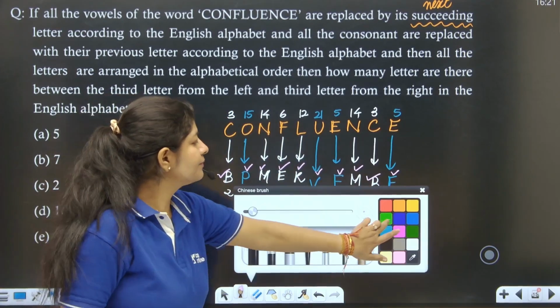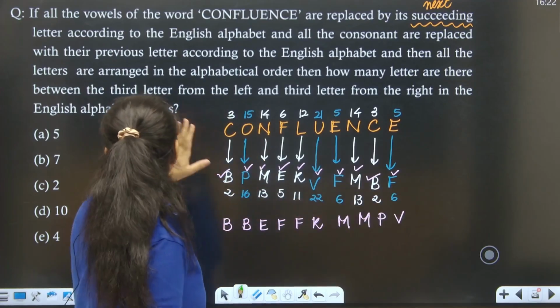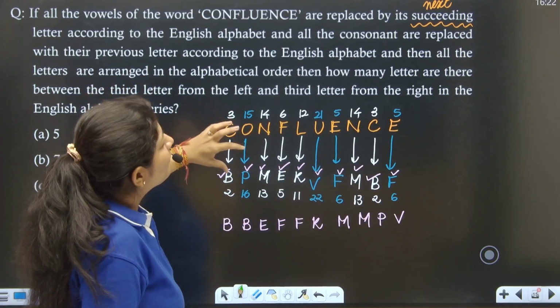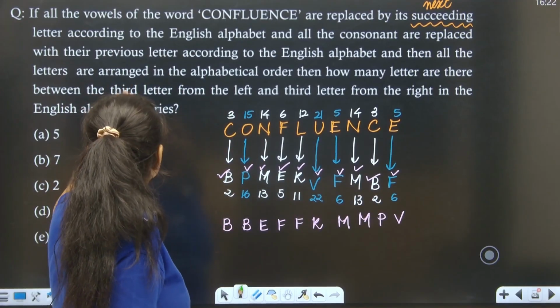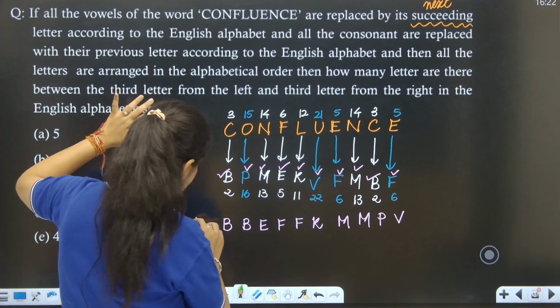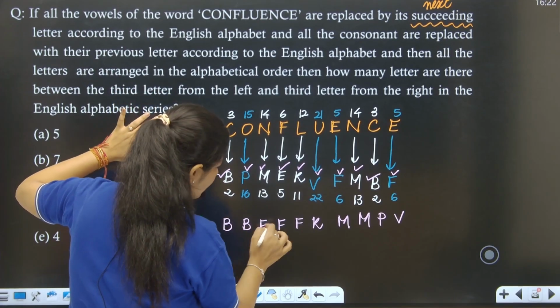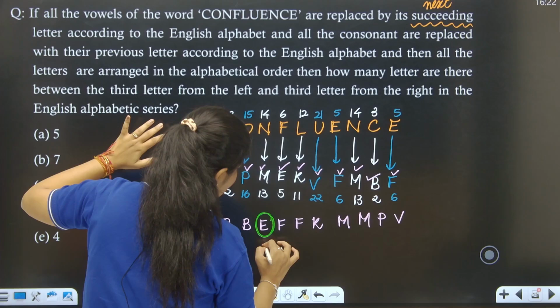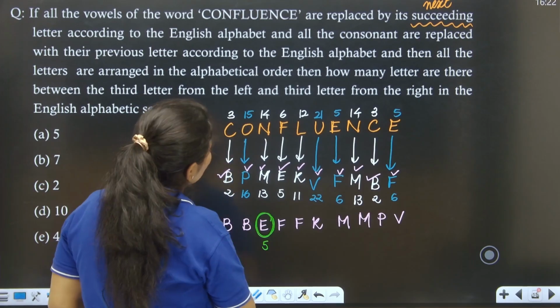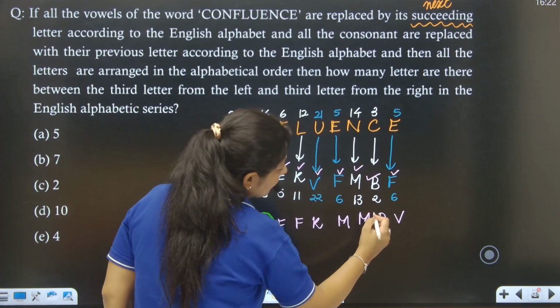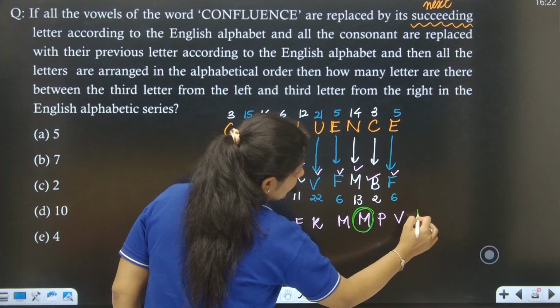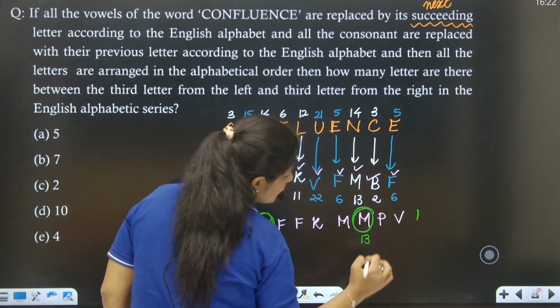Now the question says we need to find out how many letters are there between the third letter from the left, so this is the left and the third one is this one, and the associated number is 5, and the third letter from the right, that means this is my right hand, and the associated number here is 13.